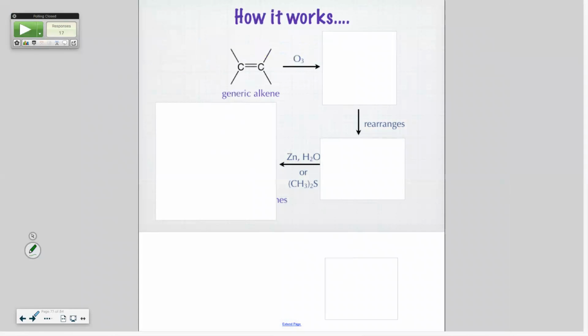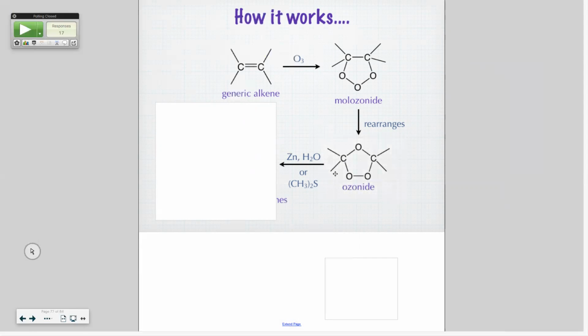All right, so here is a generic alkene, and we're going to add ozone to it. What we're going to do first is it just adds the ozone across the double bond. So it looks like that. That is referred to as a molozonide. Then that molecule actually rearranges to become an ozonide.